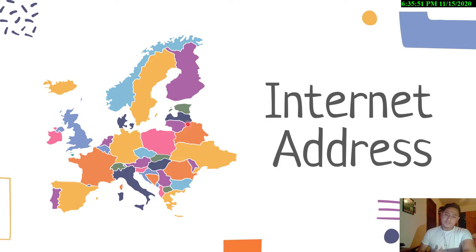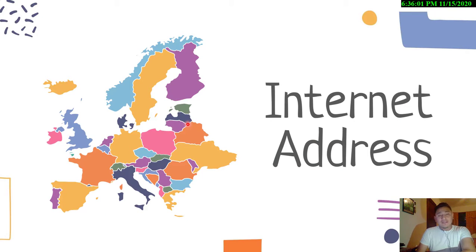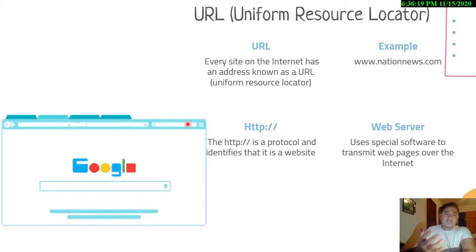So another important term is internet address. Now remember, we have TCP, we have IP, but we also have internet address, which is referred to as things that are there on the web. How do we access the web? Once we access the web using a web browser, how do we actually go about finding a specific website? We can do this with the use of something called a URL, which is a representation for Uniform Resource Locator.